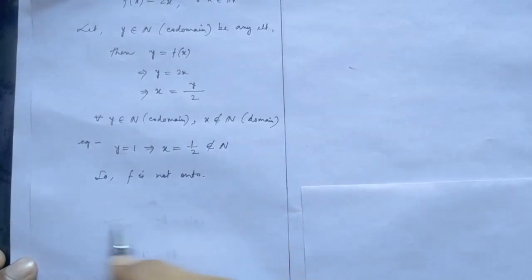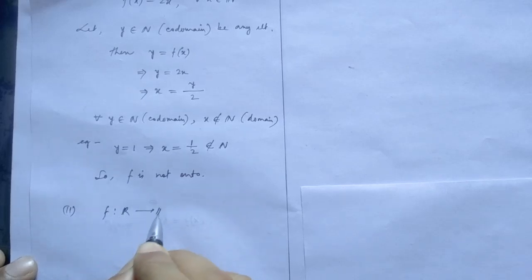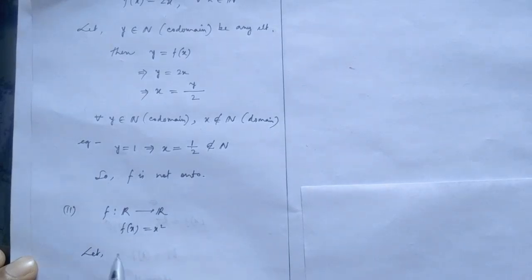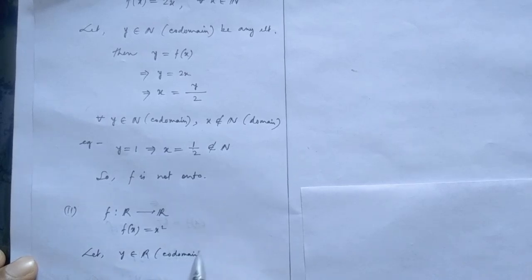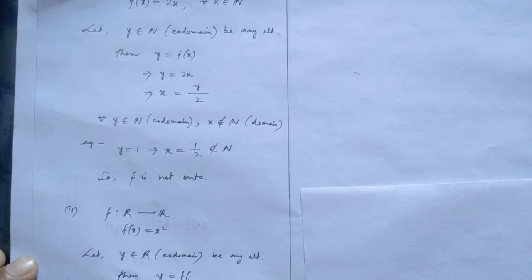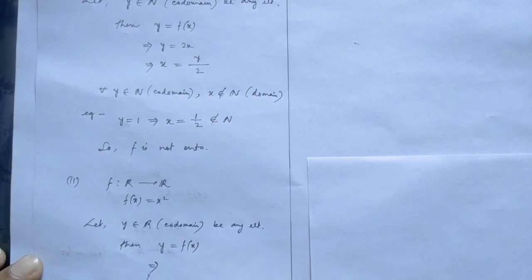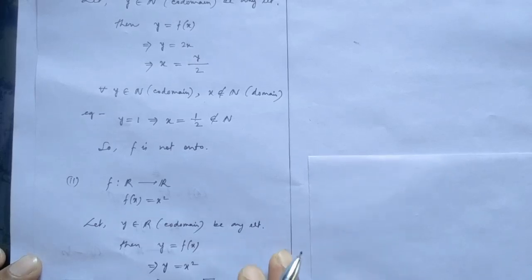Okay, I give you another example. Suppose this is f from R to R and f(x) equal x square. Let y belongs to R, this is the codomain, be any element. Then y equal f(x). So this implies y equal x square, so x equal plus minus under root y.